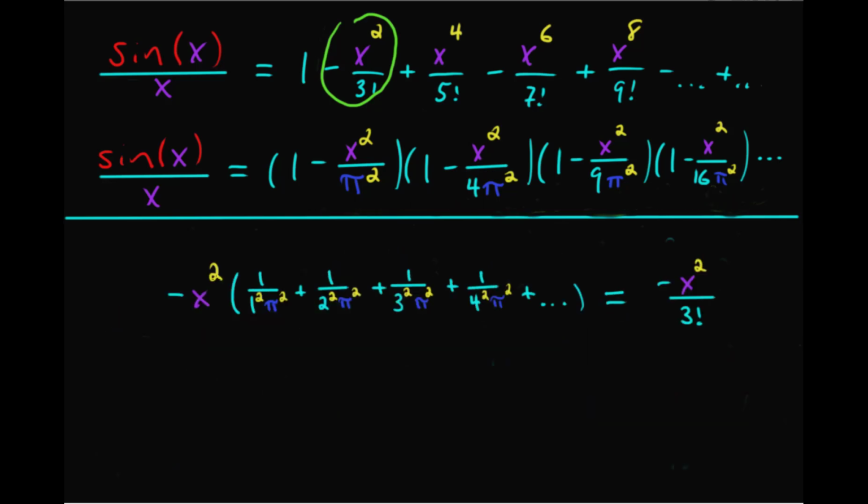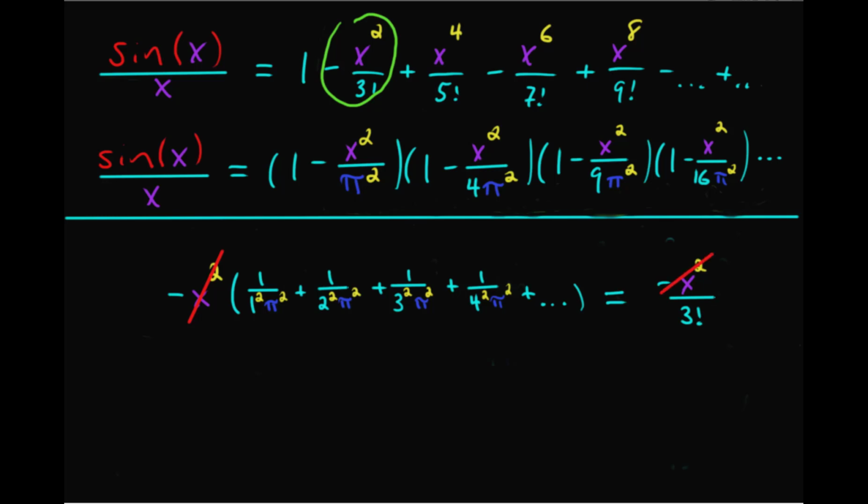So these coefficients of x squared, on the one hand, the infinite series 1 over 1 squared pi squared plus 1 over 2 squared pi squared plus 1 over 3 squared pi squared, etc. And on the other hand, the 1 over 3 factorial, must be equal to each other because they both are multiplying the x squared term in either the Taylor series expansion or the expanded version of the infinite product expression for sine of x over x.